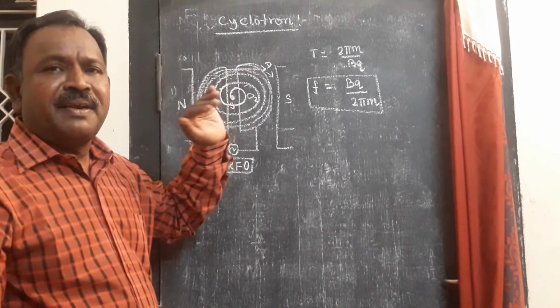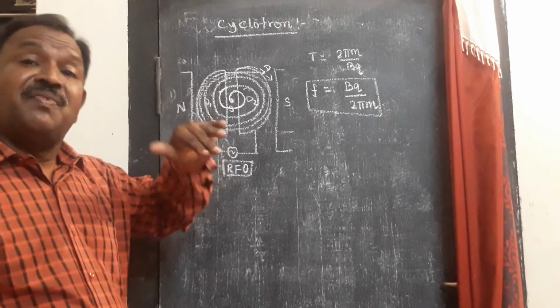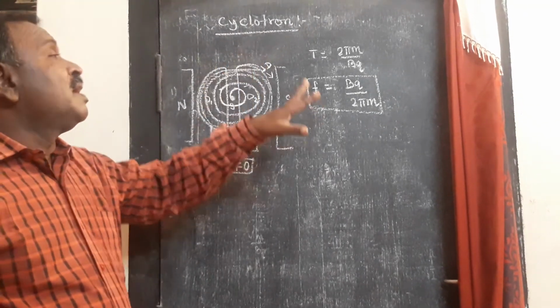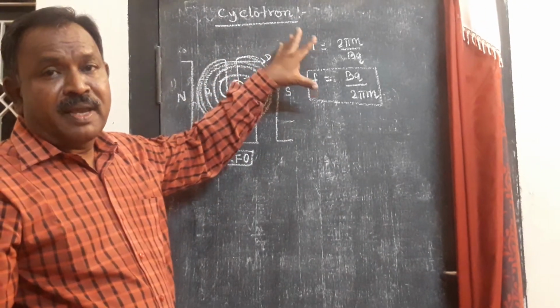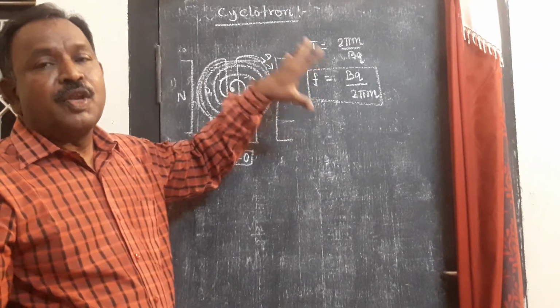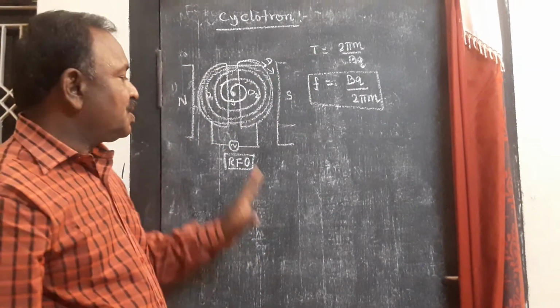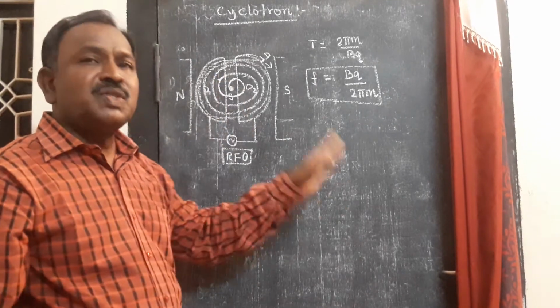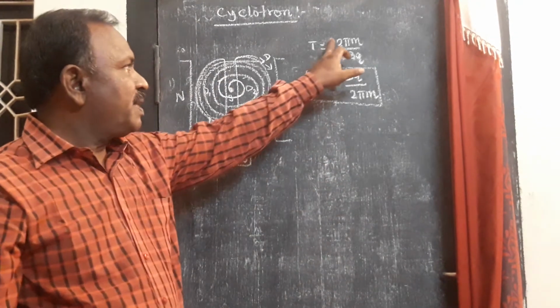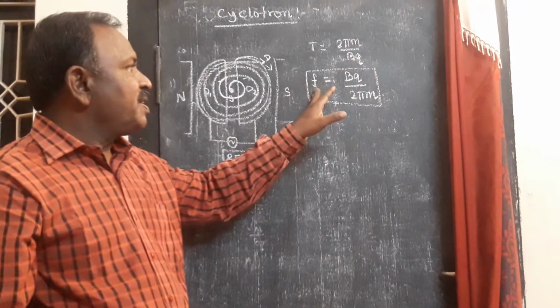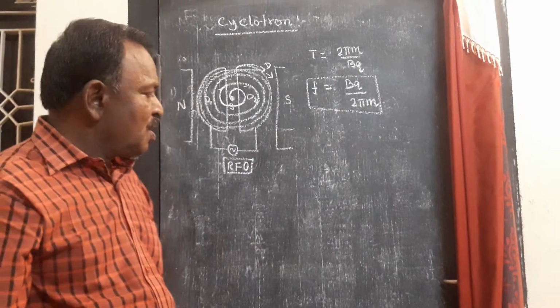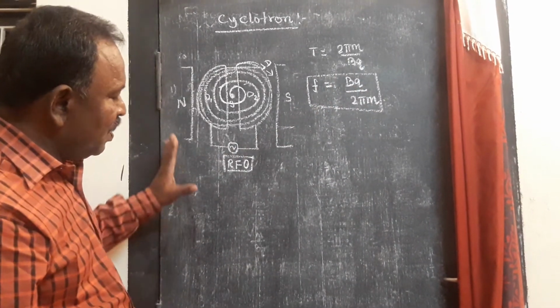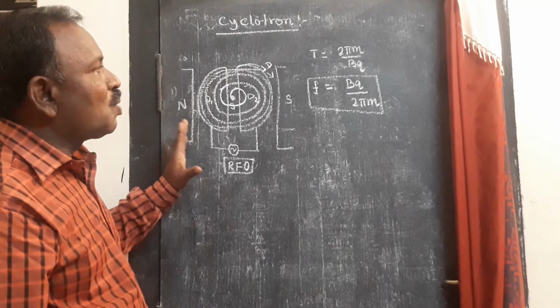It gets accelerated and possesses very high kinetic energy to hit the target nuclei and produce nuclear disintegration. So the time period is given by 2 pi m by Bq and the frequency is given by Bq by 2 pi m. So this is how a cyclotron works.